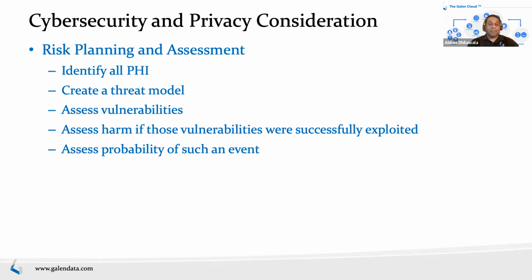You can use a probability matrix or data for probability assessment from well-known industry data points. For example, if you have a vulnerability that allows somebody to send data without being authenticated, there's enough data available out there to see how probable that event is. And then there's a probability of success and a probability of the event happening.